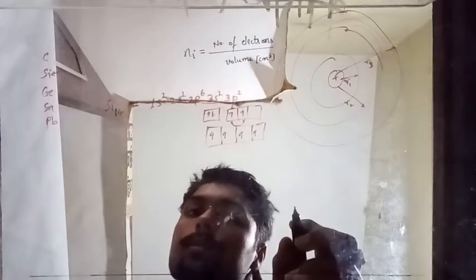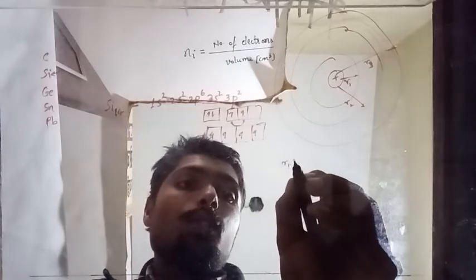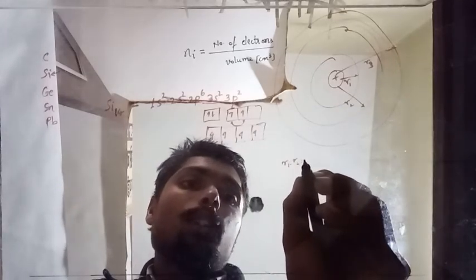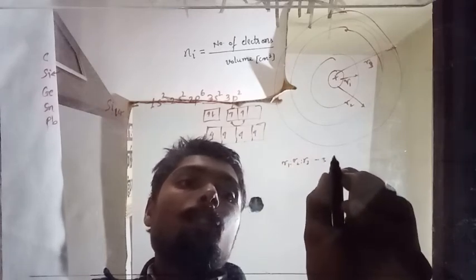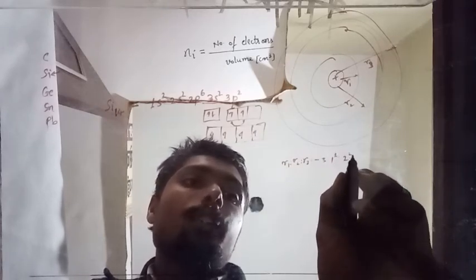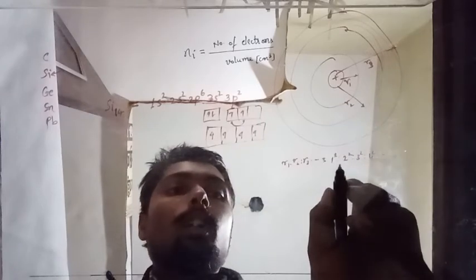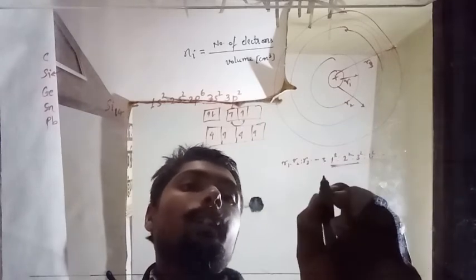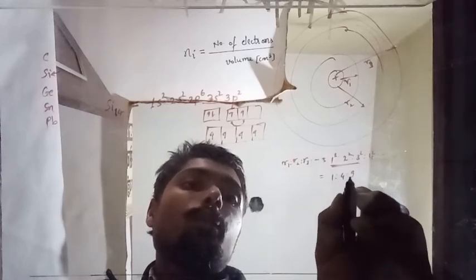See what happens: R1 ratio R2 ratio R3 is equal to 1 square ratio 2 square ratio 3 square ratio 4 square, like that. And our silicon is up to the 3 level. It means the radii ratio is 1 ratio 4 ratio 9.